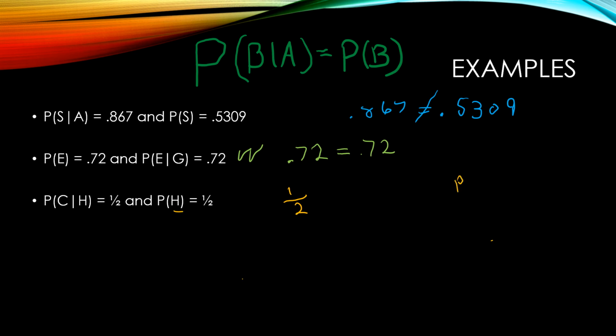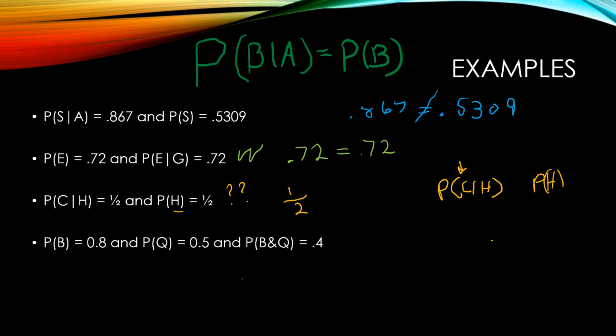We would need the probability of C. Because we're only given the probability of H, there's no way that we can say for certain whether these events are independent, because we need the probability of the event, and not the condition. So we're just going to put some question marks there.